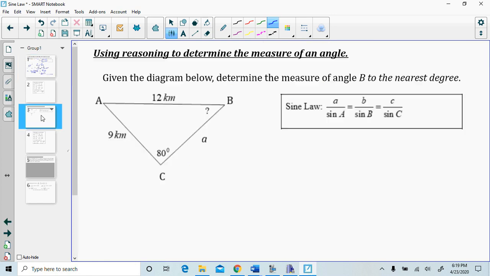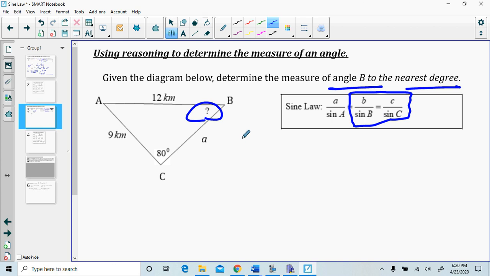Moving on to the next scenario. In this case, we're looking for an angle, so angle B, and we're going to round to the nearest degree. So we're looking for that measure there. Okay, angle B. I know angle C and side length little c. I know side length B, but I don't know angle B. So the two ratios we're going to use will be B and C. So we're going to use this part.